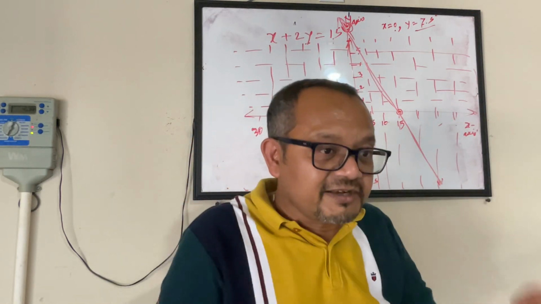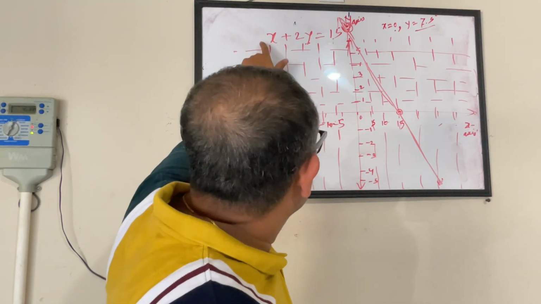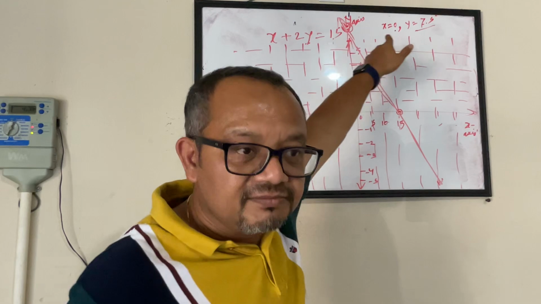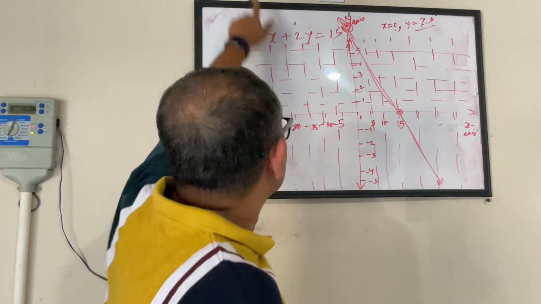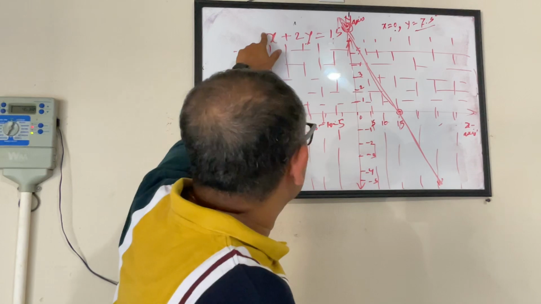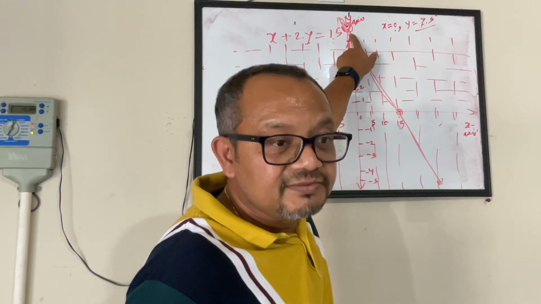This is a contract. For any value of x and y, the sum will be 15. Now you can increase x, which will decrease y, but the total sum will be 15.